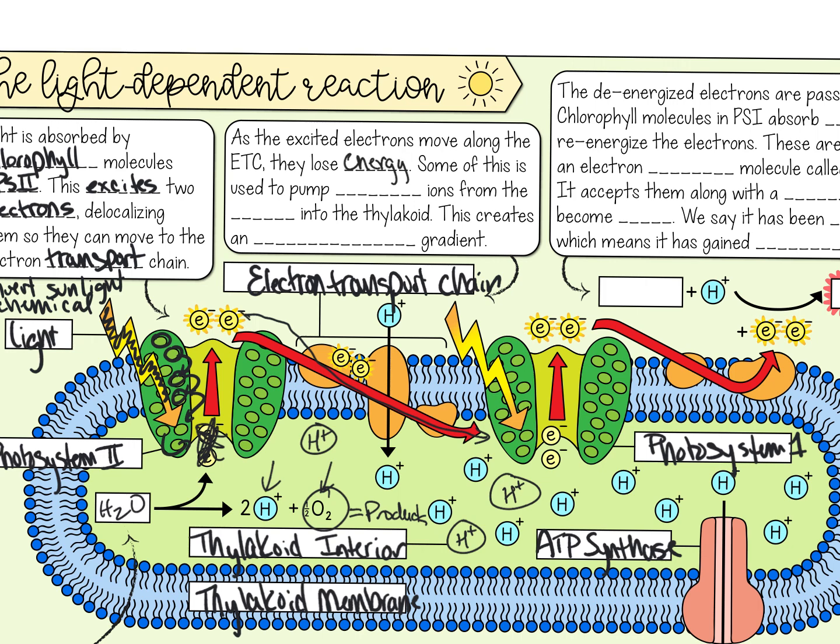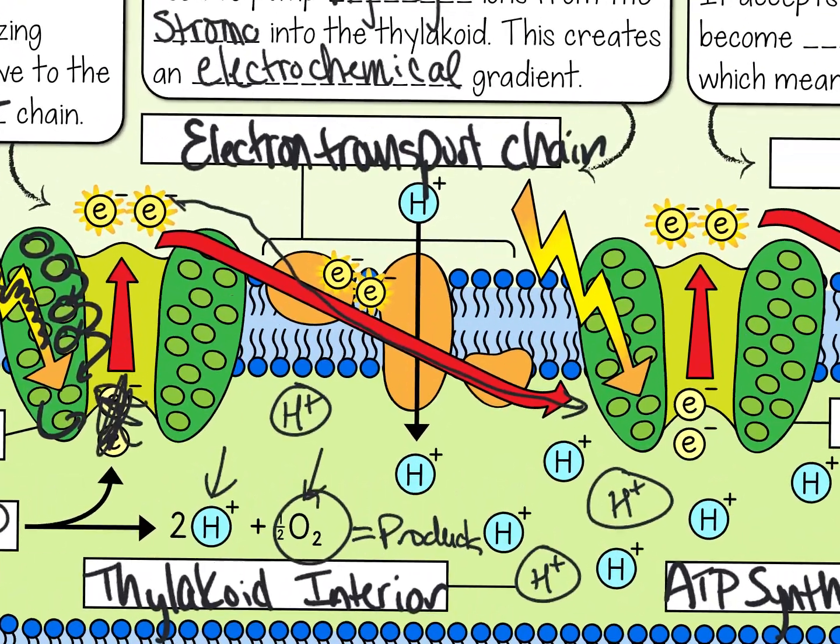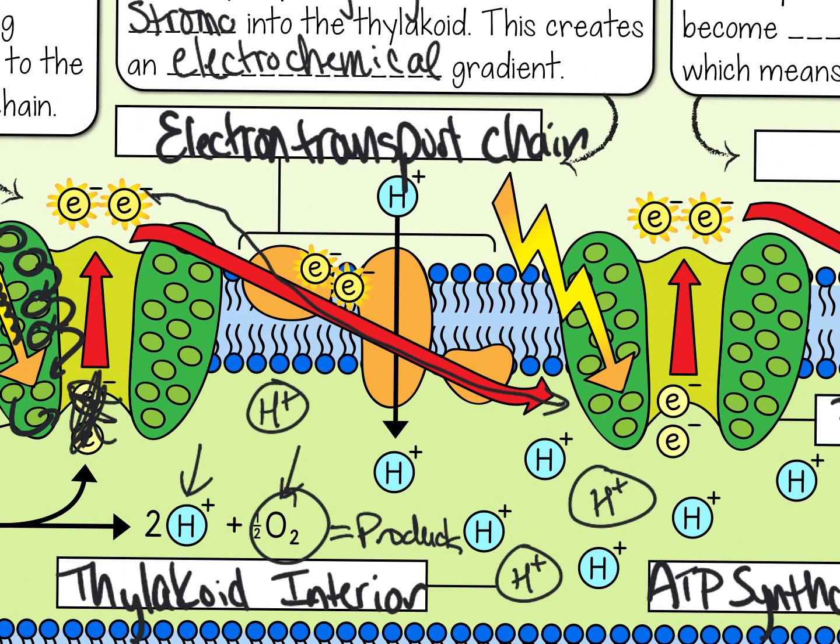And some of this is used to pump hydrogen ions from the stroma to the thylakoid space. This creates an electrochemical gradient.